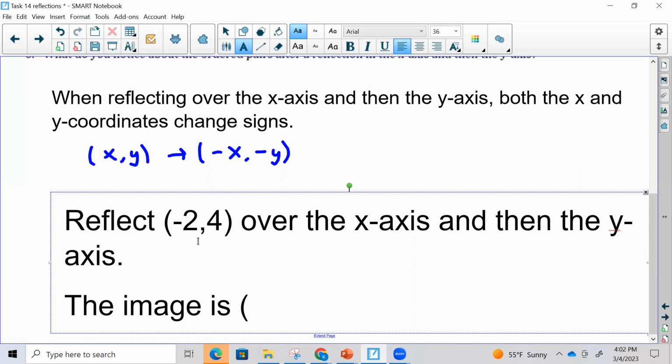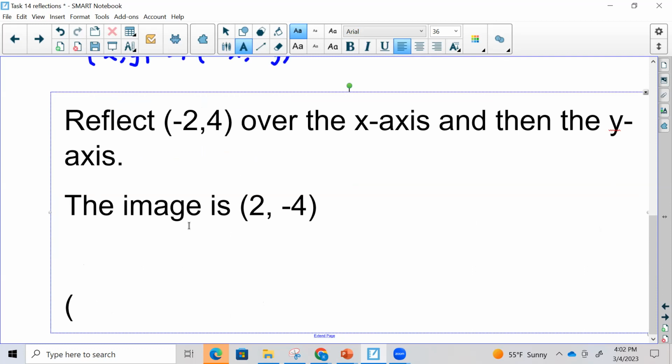So it would be the opposite of -2, which is +2, and the opposite of 4, which is -4. Or if you write it out, it would be 2, -4. The opposite of -2 is 2.